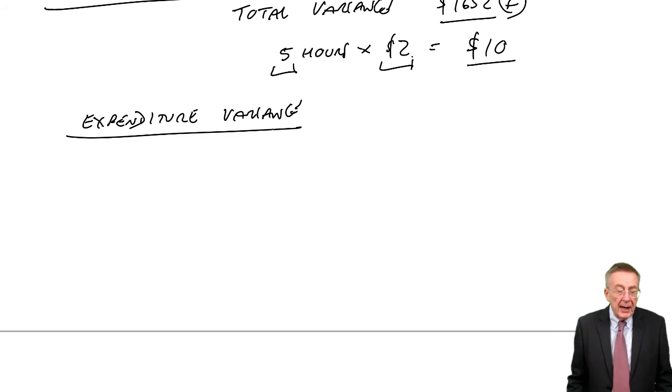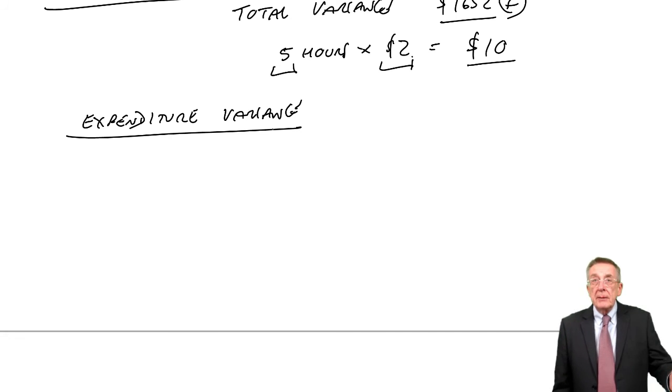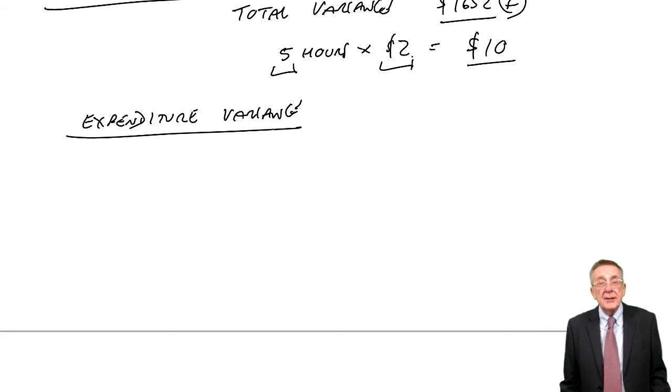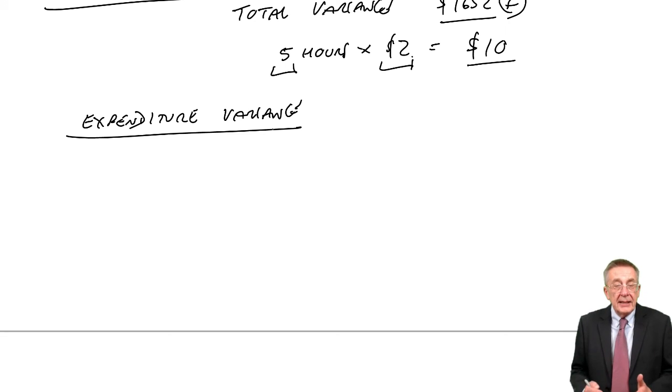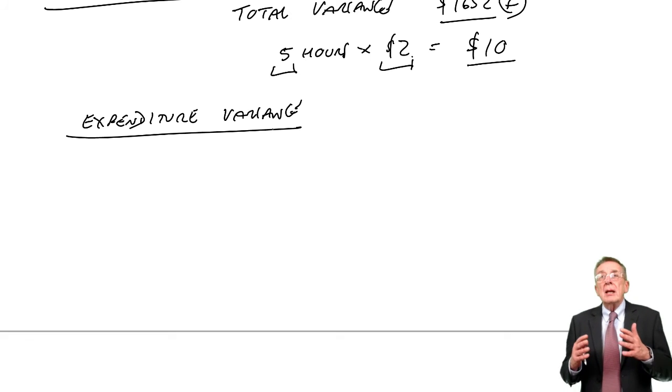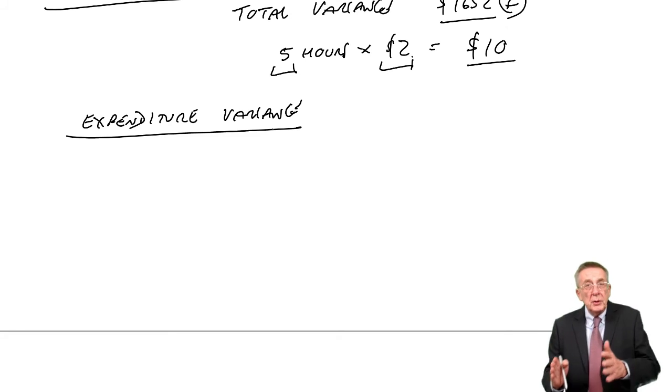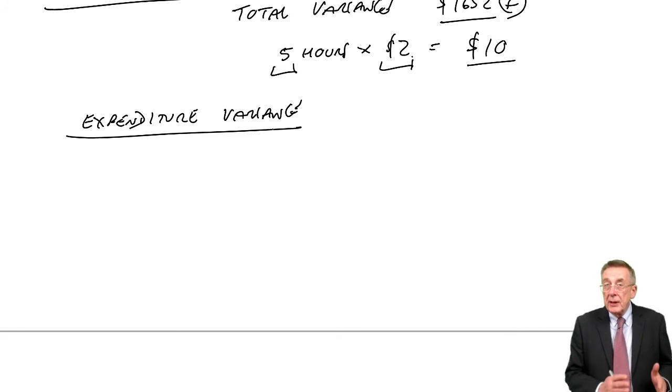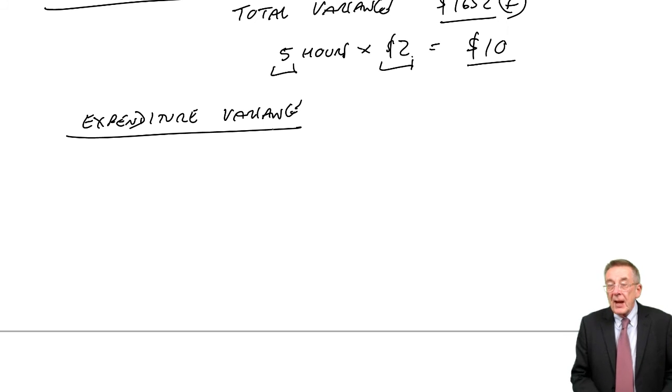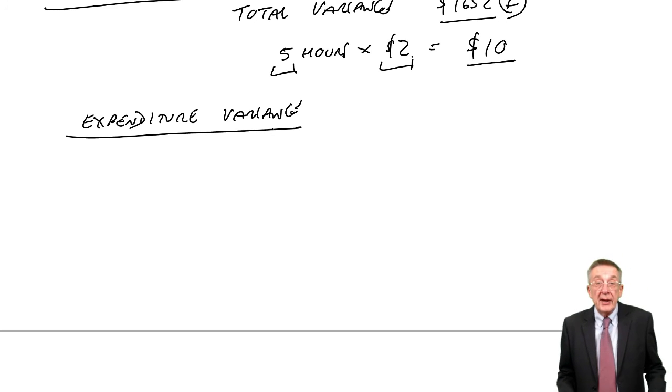You know, when we did labour, we said, oh, we're paying them for all those hours when they're doing no work at all. Well, fine, we had that idle time variance. But with overheads, we assume that there are only overheads while they're actually doing work. If they're not working, then there are no overheads.